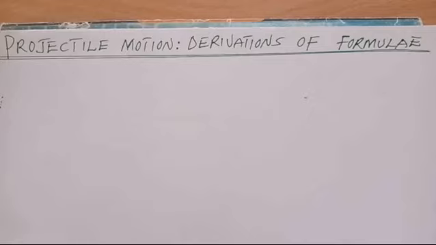We also explained that the horizontal component of its velocity is constant throughout the motion, but the vertical component is influenced by gravity. The vertical velocity from the beginning is upward, and it is reducing until it reaches the maximum height. When the object reaches its maximum height, the vertical velocity is 0.